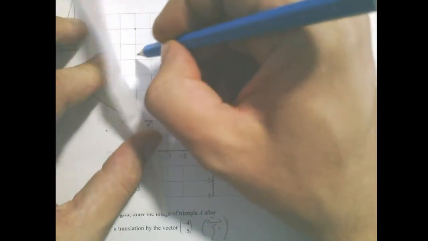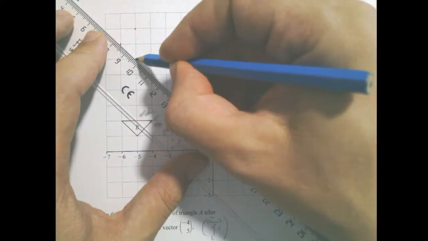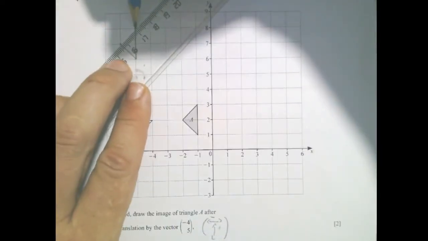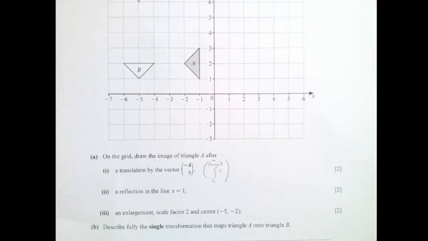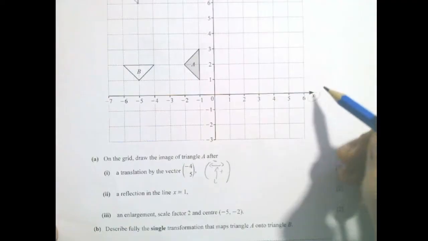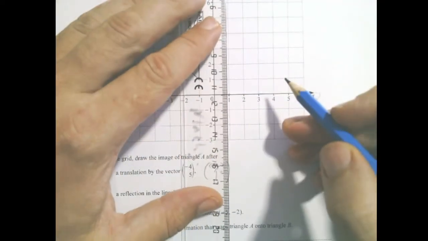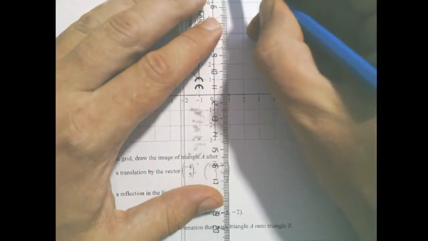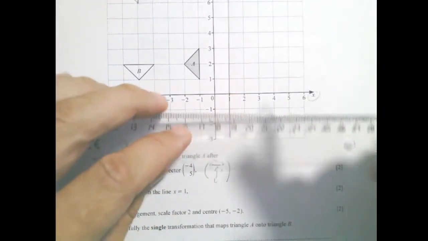Mark the corners, get a ruler and draw it. Part 2, reflection in the line x equals 1. So make sure you go on the x-axis to 1 and draw your mirror line going through there vertically. Now reflection means we stay the same distance from the mirror line.